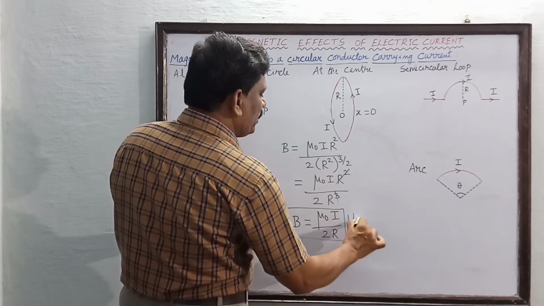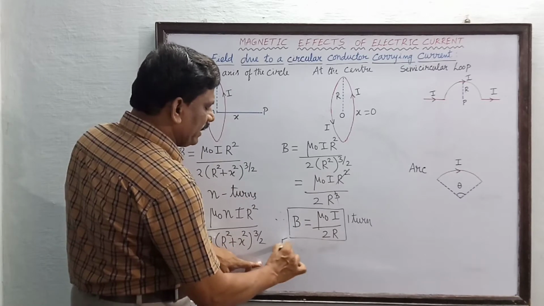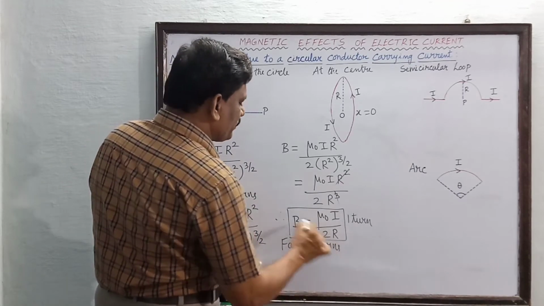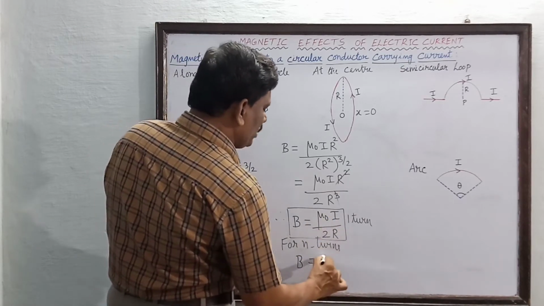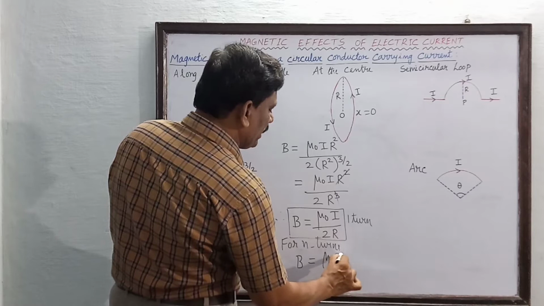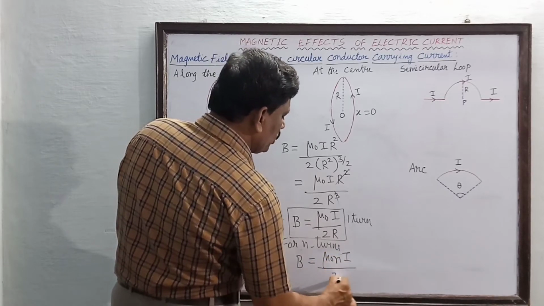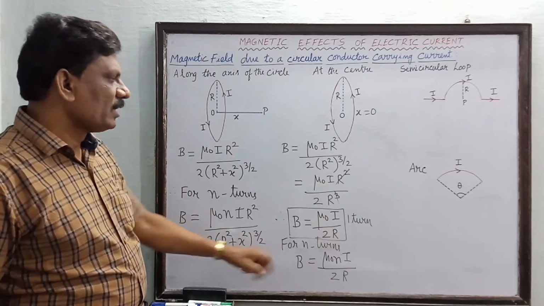Therefore for n number of turns, the expression for B is n times mu naught I by 2R. So this is equal to mu naught into n into I divided by 2R. This is for n number of turns.